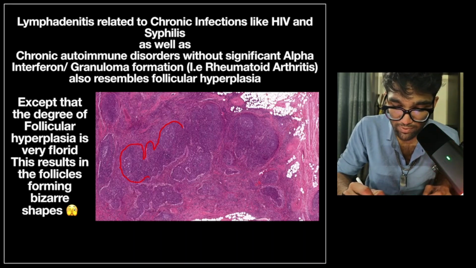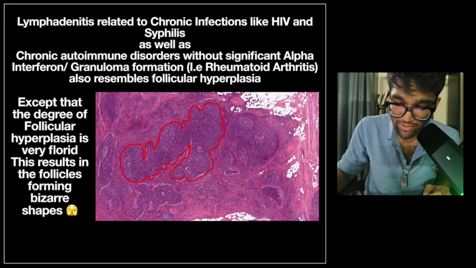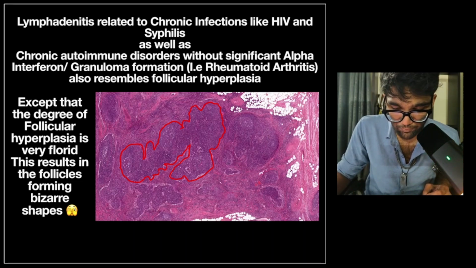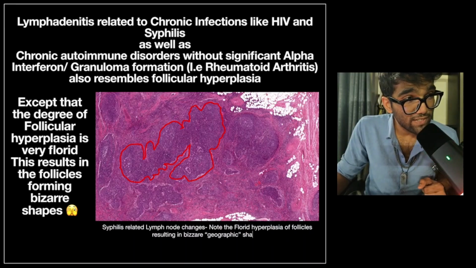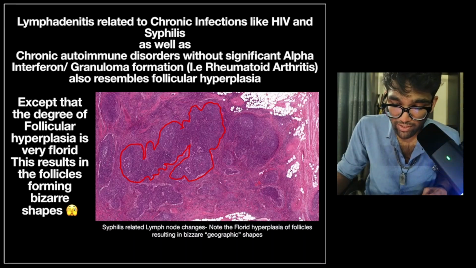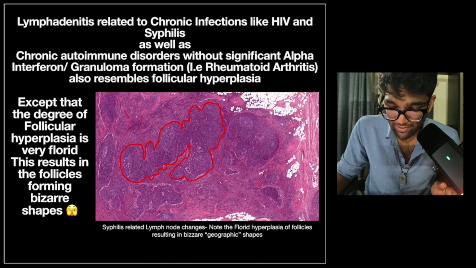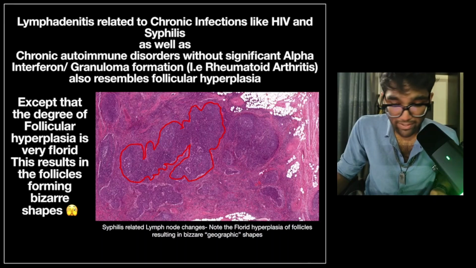The follicle is so expanded that its borders look like that of a state or a country. Okay, so this is actually a syphilitic lymph node, what was traditionally called a luetic lymph node. Now, we don't call it that. I just call it a syphilitic node. So there is very significant florid hyperplasia in a bizarre geographic pattern. Okay.